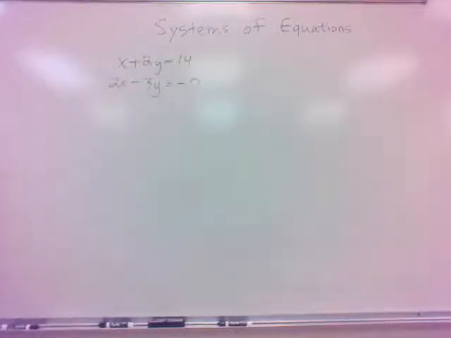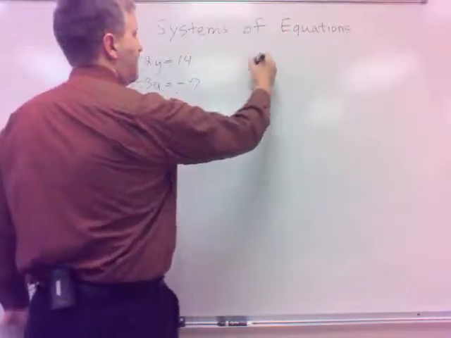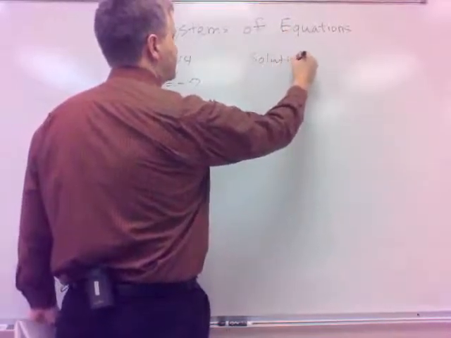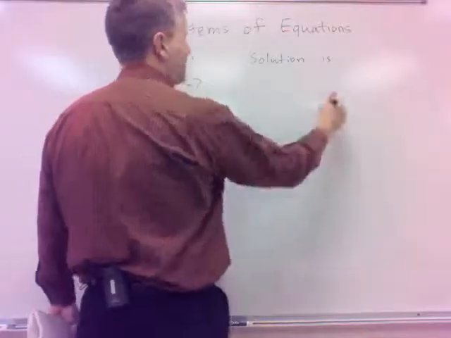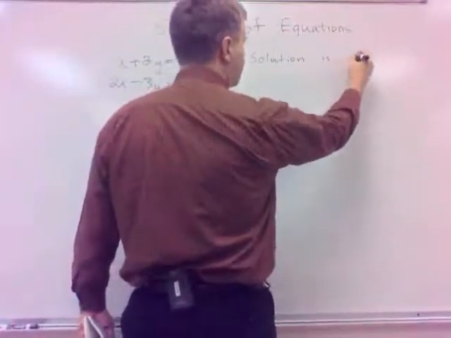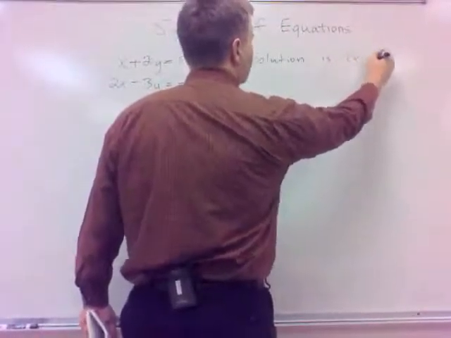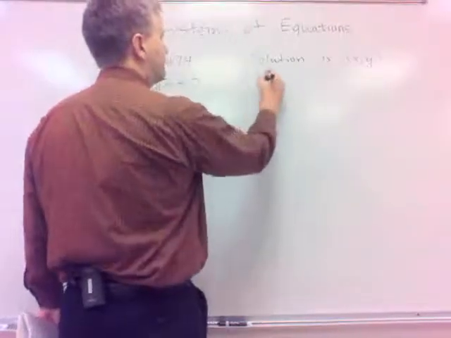And so, as far as solutions go, most of these are going to share at least one solution. And so by that, what do I mean? What do I mean by a solution to a system? Well, if I'm talking an xy system, it's an ordered pair, an x comma y, that does what?